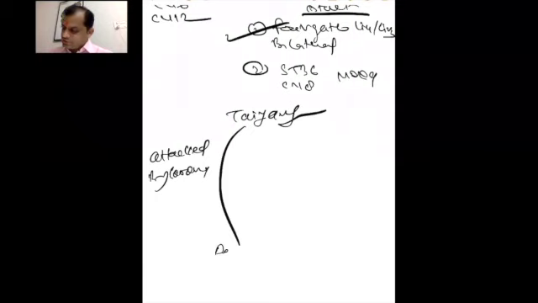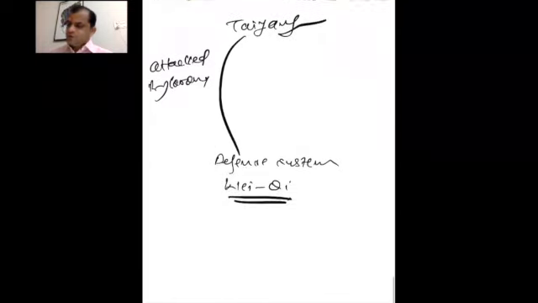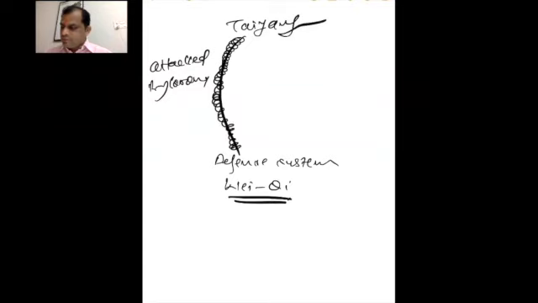This defense system is called Bichi. The Bichi is the outermost cover. All these symptoms which we discussed happen when the fighting is going on between this Bichi and the corona. Bichi means the outermost defense system.